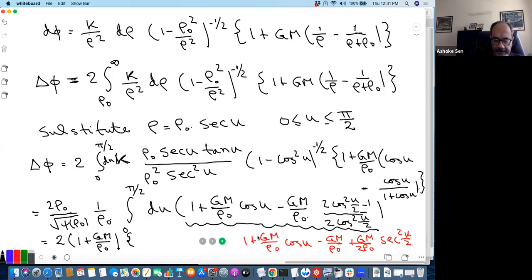And here I get, not 1, pi by 2, plus gm over rho 0, minus gm over rho 0 times pi by 2. And then this one is just gm over rho 0, right? Because this, when you integrate, you get tan of u by 2, plus gm over rho 0.